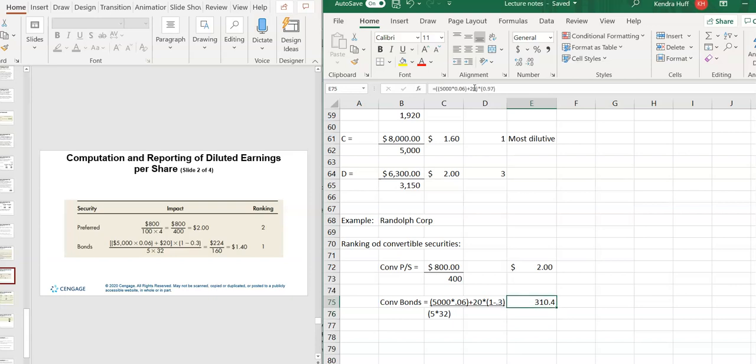Doesn't 5,000 times 0.06 is 300, plus 20 is 320. Well, I seem to get a different number than they do. I agree with the setup, but not that number.